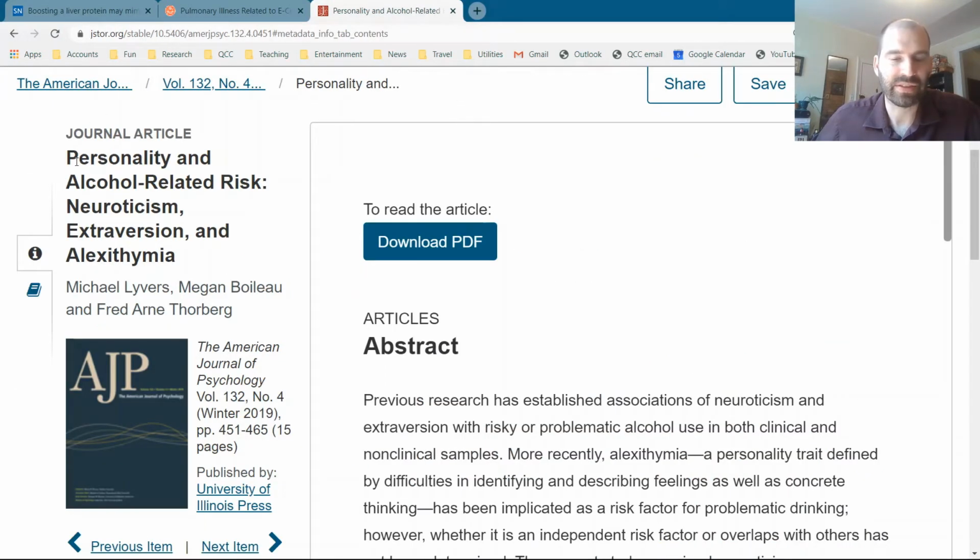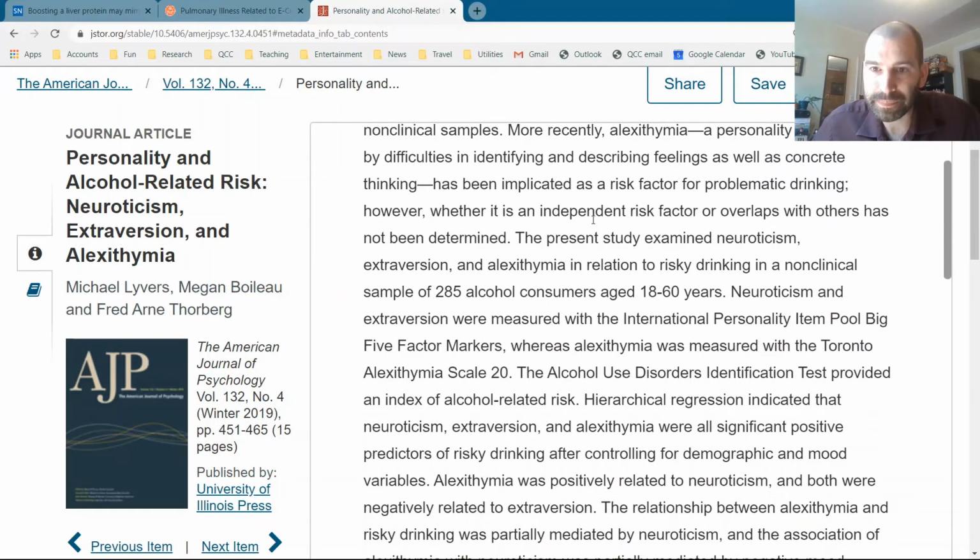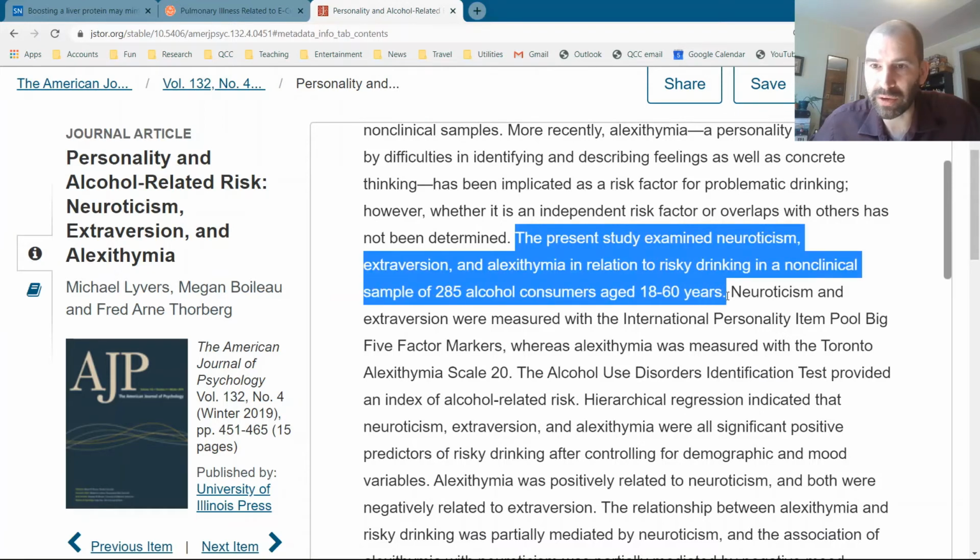On the left-hand side is the title of the article. Personality and alcohol-related risk, neuroticism, extroversion, and alexithymia. It's a long abstract here, so let me pull out some key sentences. Here's one.